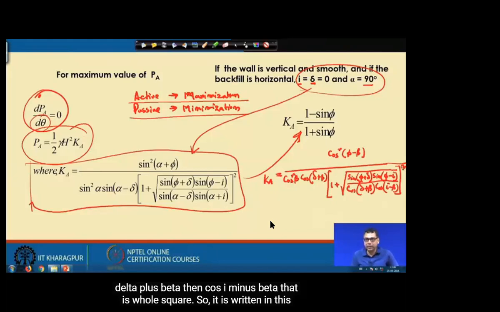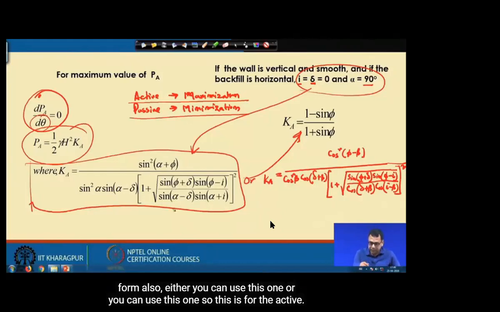So it is written in this form also. Either you can use this one or this one. So, this is for the active.